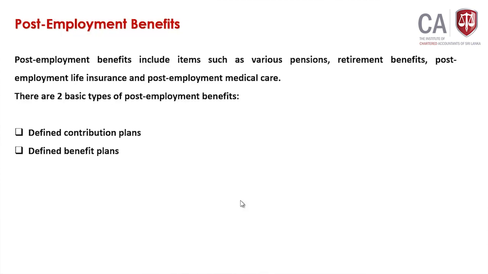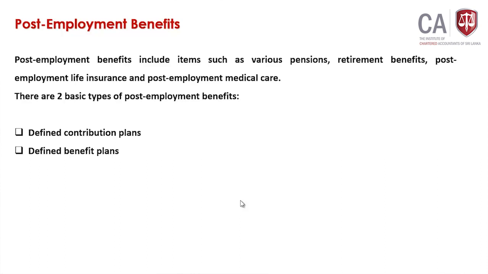Look at this. Post-employment benefit that we have identified in our previous slide. Post-employment benefit means after completing employment, you are eligible for some benefits: gratuity, EPF, ETF, pension kind of things. Right? In this slide, that has been properly explained.